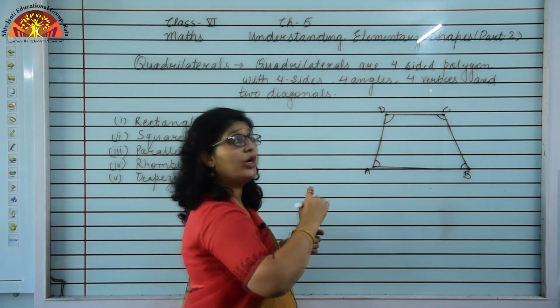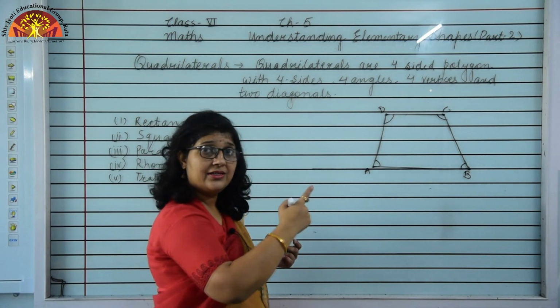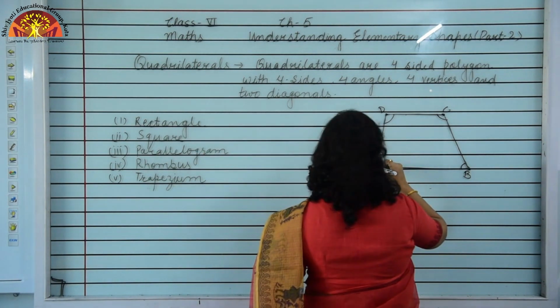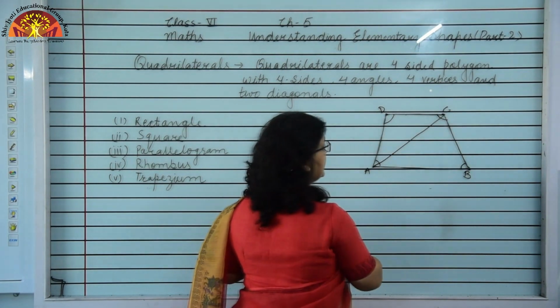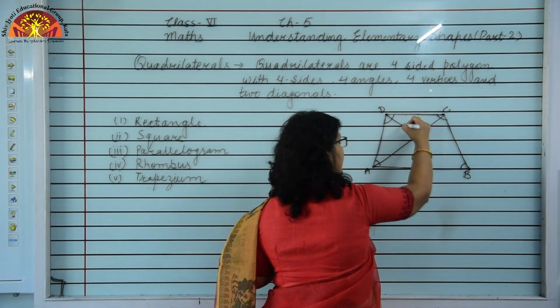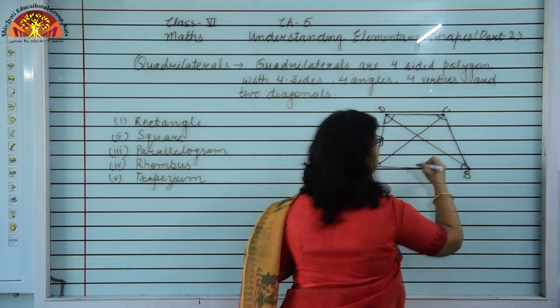Diagonals: when we join 2 opposite angles with a line segment, that is called a diagonal. So AC is a diagonal and BD is also a diagonal.